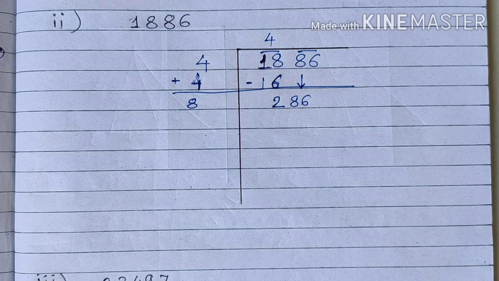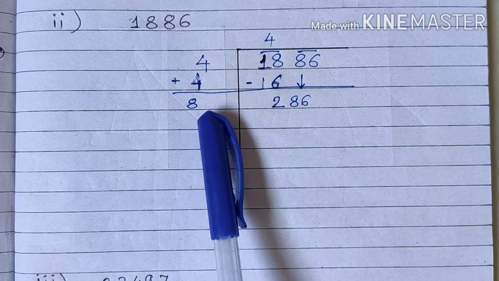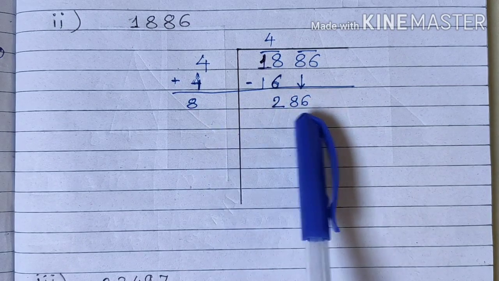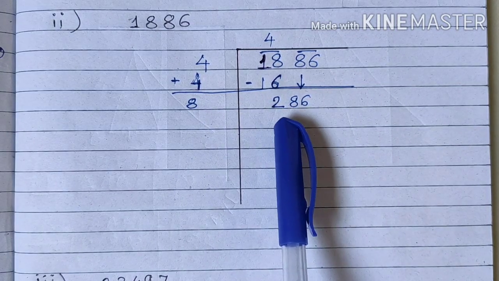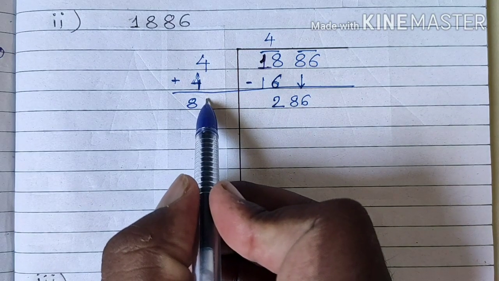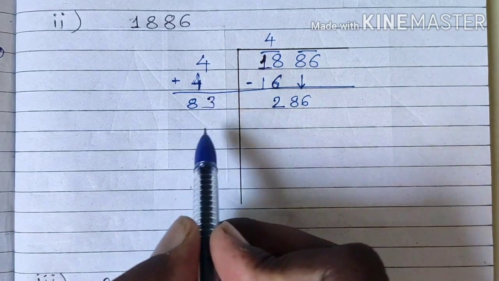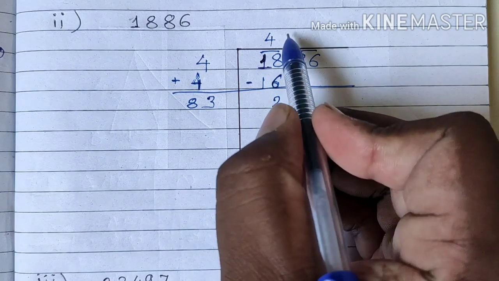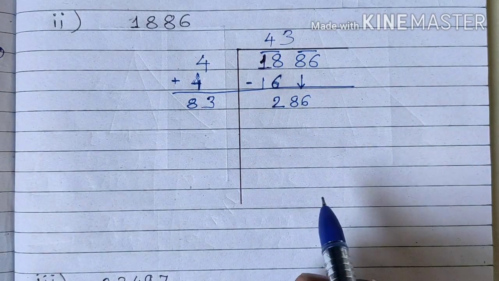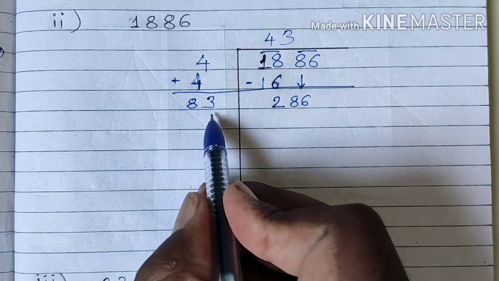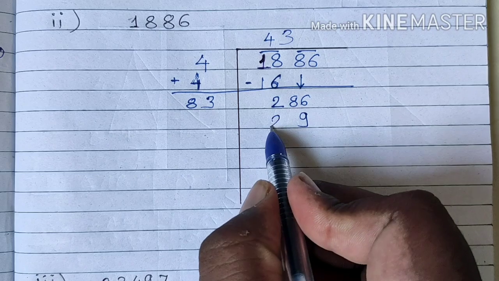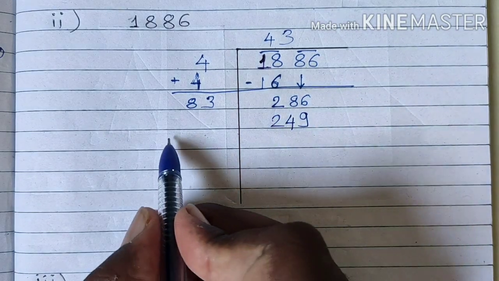Now along with 8, we have to take such a number that by multiplying with the same number, we get near to this 286. So what have we taken now? 3. Because when this 83 is multiplied by 3, we get 3 3s are 9 and 3 8s are 24. Correct?